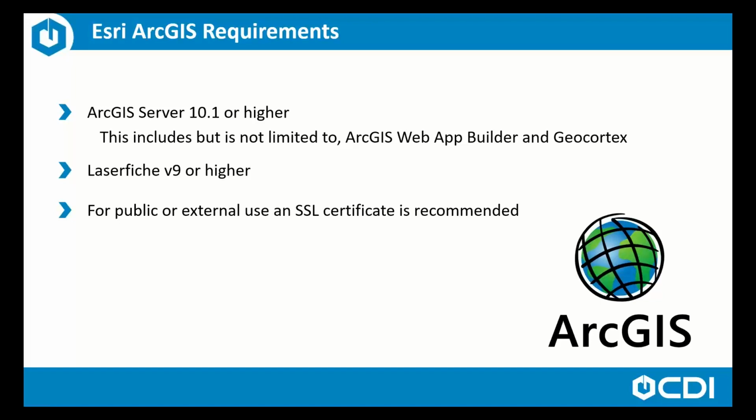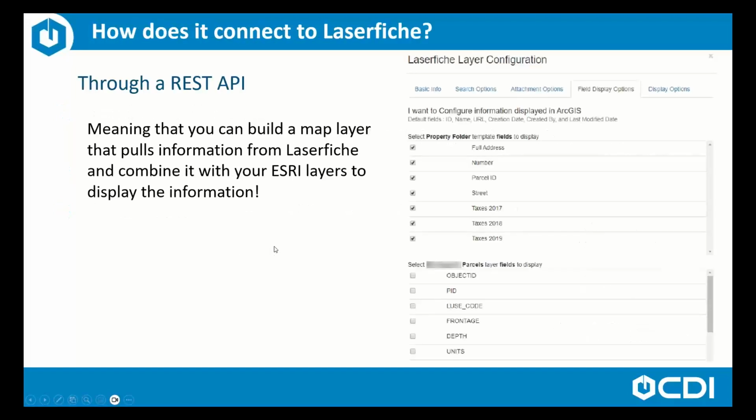And then you should have it installed on a public or external server, and you would want to make sure you have an SSL certificate as well to keep your information secure. The integration is built through the REST API, and you can essentially create as many map layers as you want and correlate them back to your ArcGIS information.